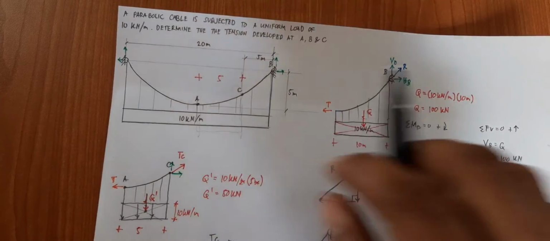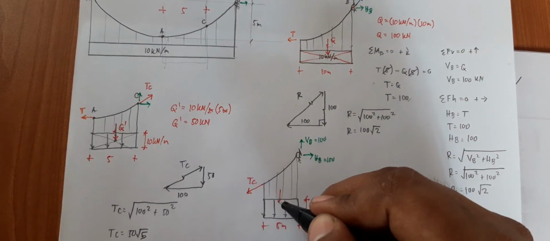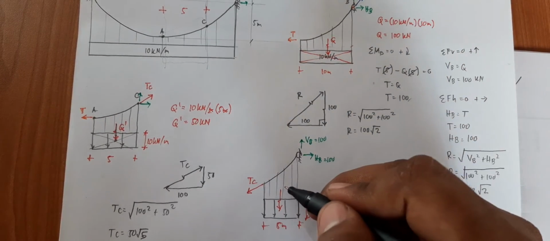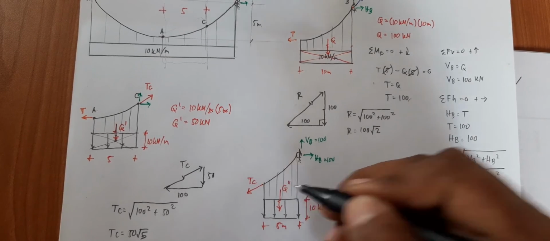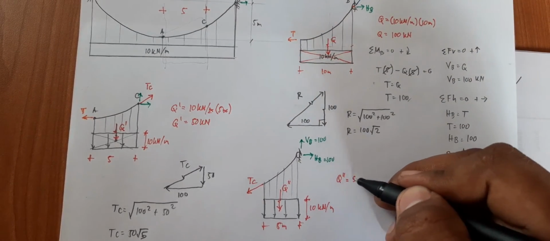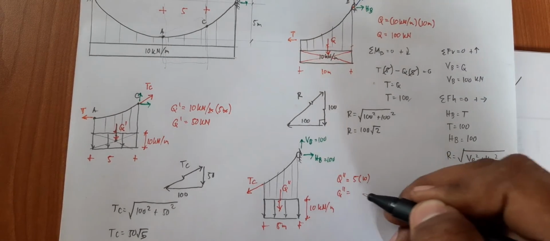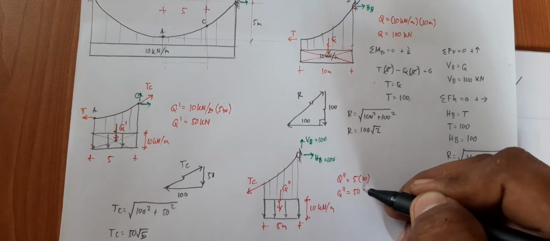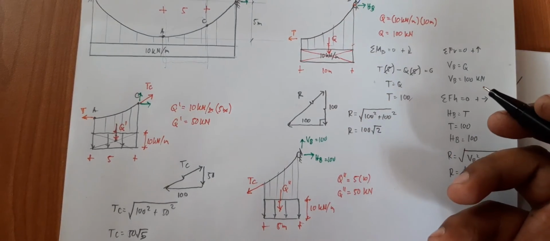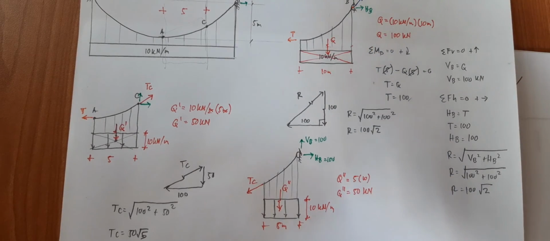So let's denote again your equivalent concentrated load as Q double prime. Q double prime is equal to 5 times 10. Again, Q has a value of 50 kilonewtons.